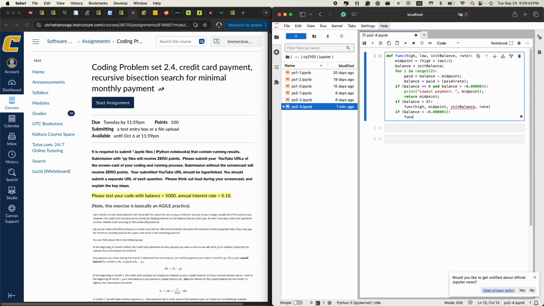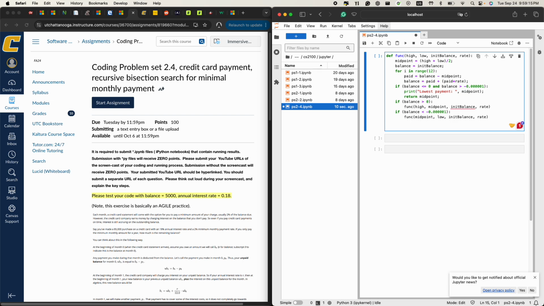So we will call the function again, this time replacing the original high bound with the midpoint, so that we would pay less. Set our original lower bound, your initial balance, and the rate. And by the end of that, we should have found our payment.